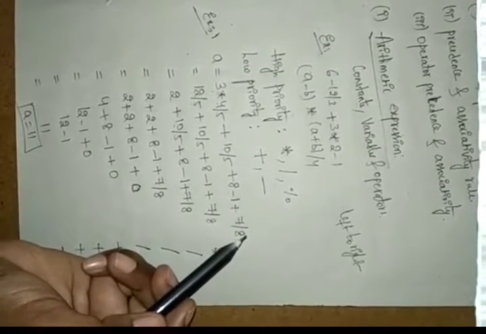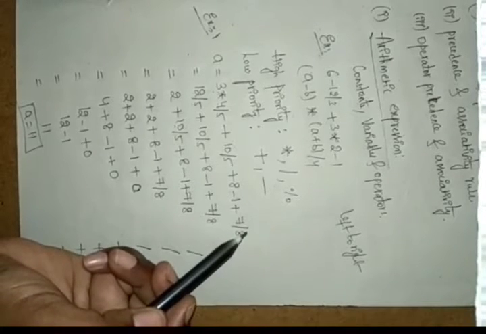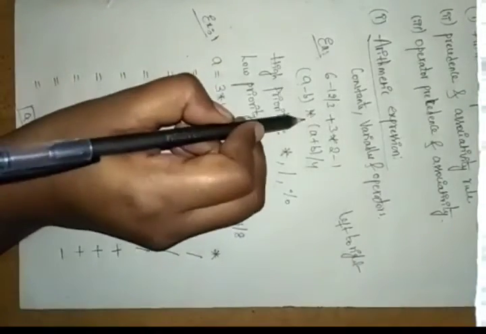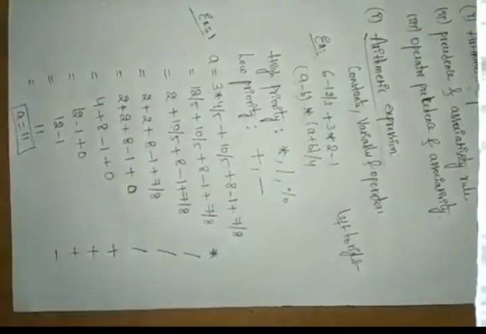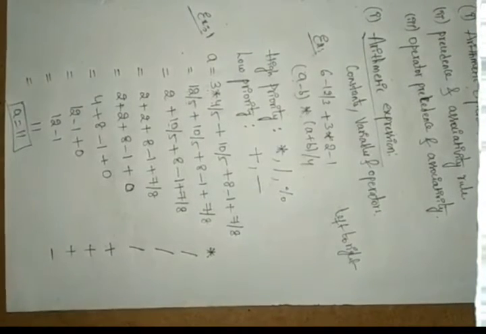So we follow the highest priority; without it, we will get different values. Or else you can take a - b * a + b / 4, take values a and b, and get the value. You have to do that example.